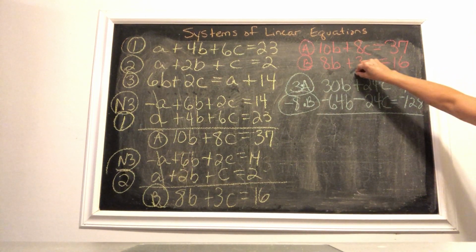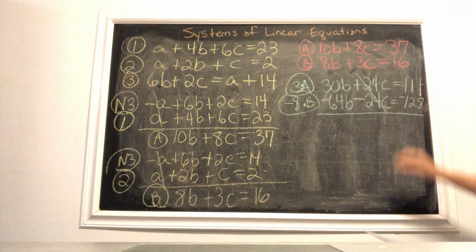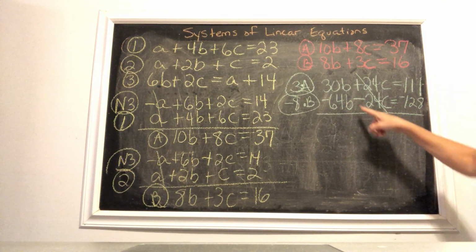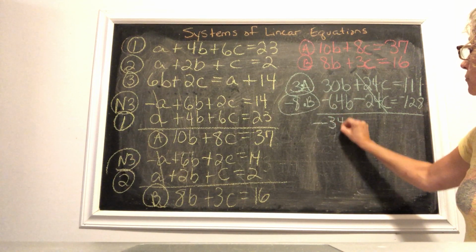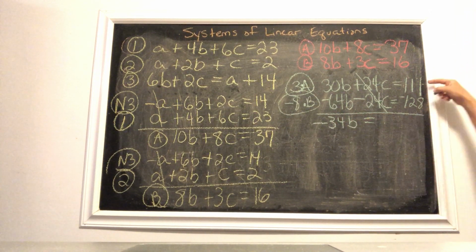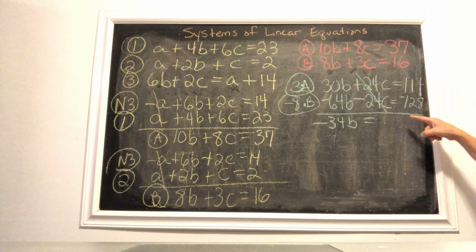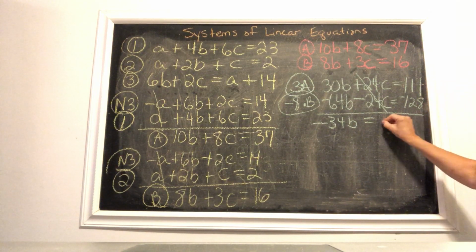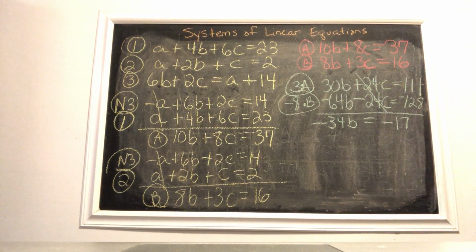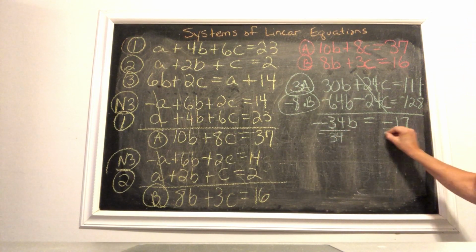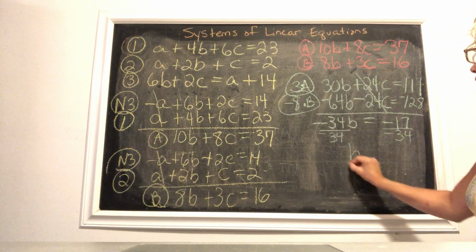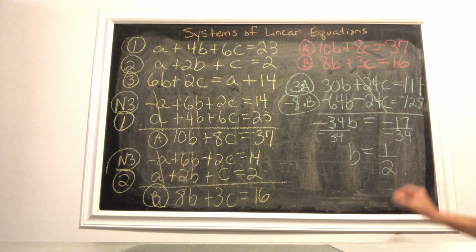The 24C minus 24C will cancel. The 30B minus the 64B will give me negative 34B. The 111 minus the negative 128 will give me negative 17. And if I divide both sides by negative 34, I get B equals 1/2.